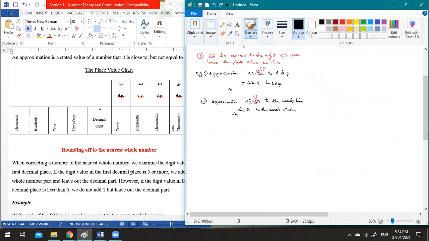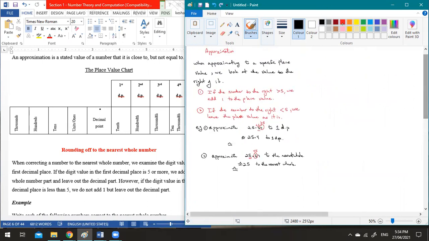Now there's an exception to the rule. When you're approximating numbers of objects that cannot be a fraction, you tend to round up.